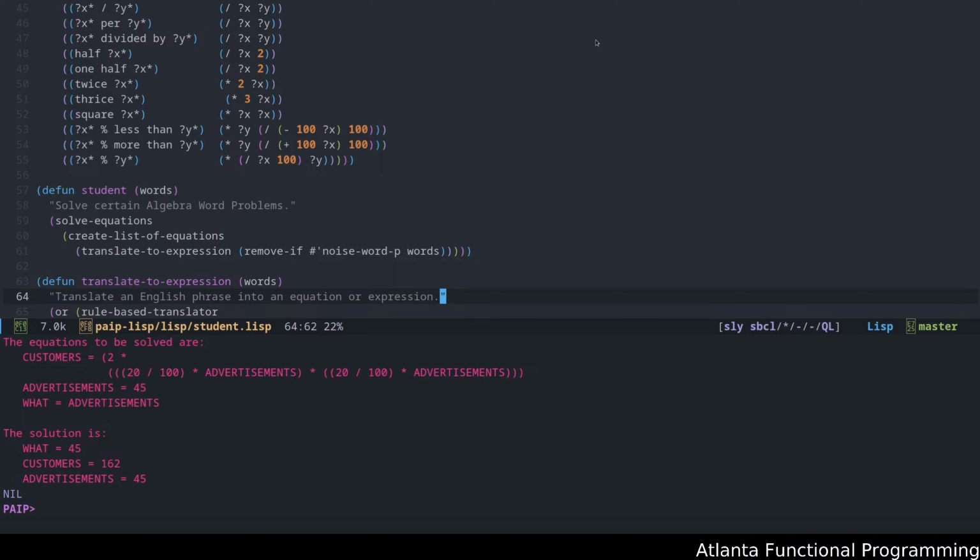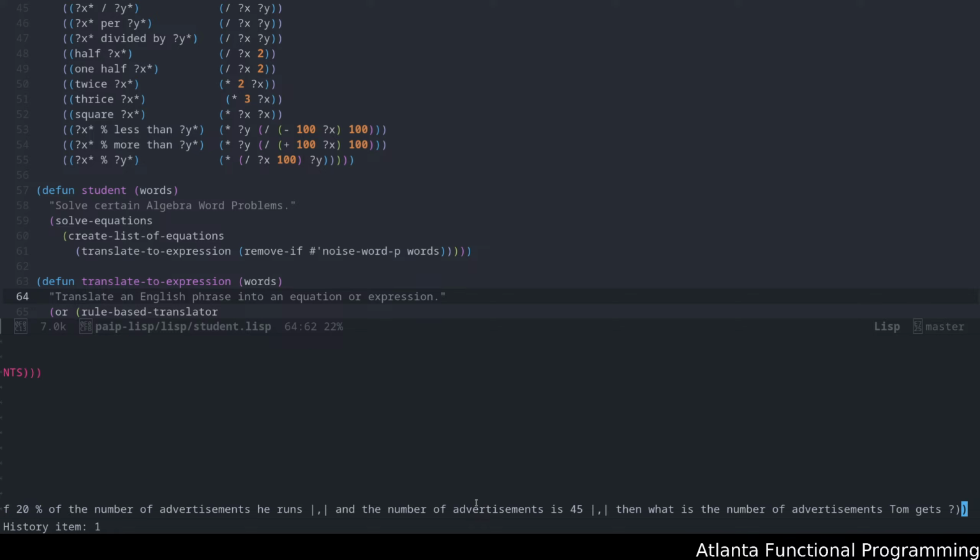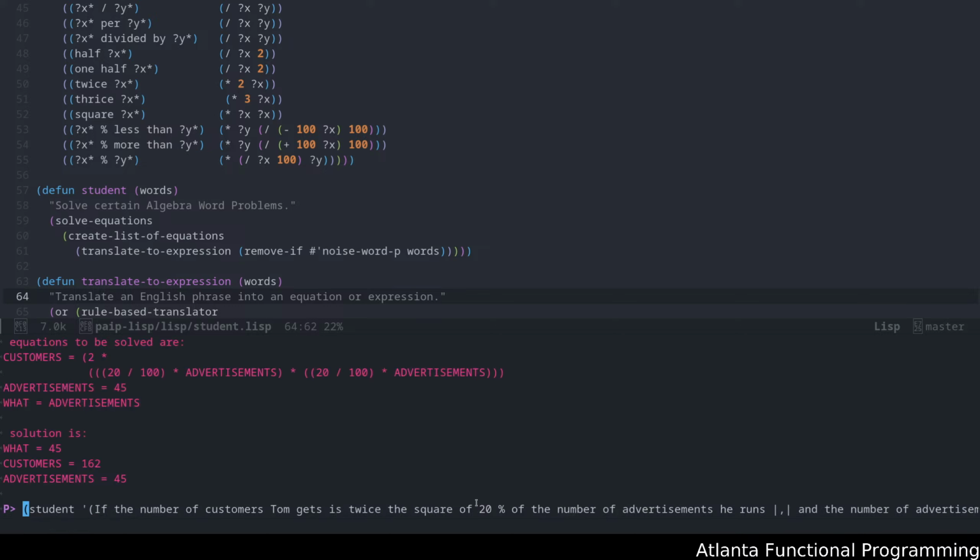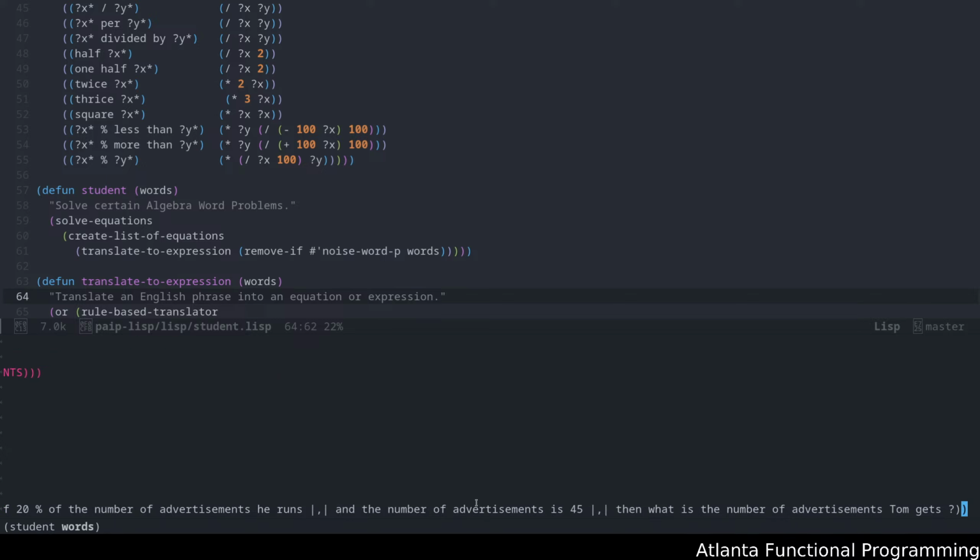Some examples, as you could see on the screen here, include using Student to compute the number of advertisements that an advertisement ran, given that our salesperson Tom gets twice the square of 20% of the number of advertising he runs, and we computed the number of advertising he gets if the number of advertisements is 45.